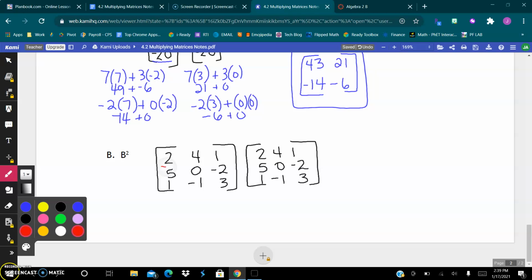Right, so our first row and first column. So we're going to have 2 times 2, so that's 4. We're going to have 4 times 5, so that's 20. And then we're going to have 1 times 1, so that's 1. So that would equal 25 if we added it all together.